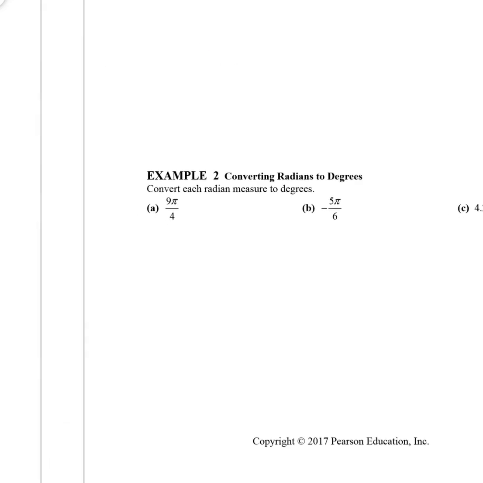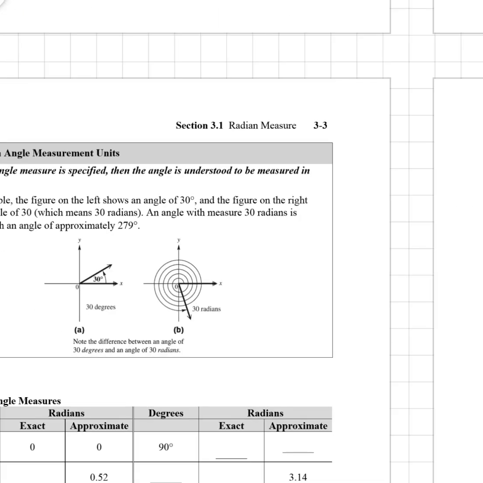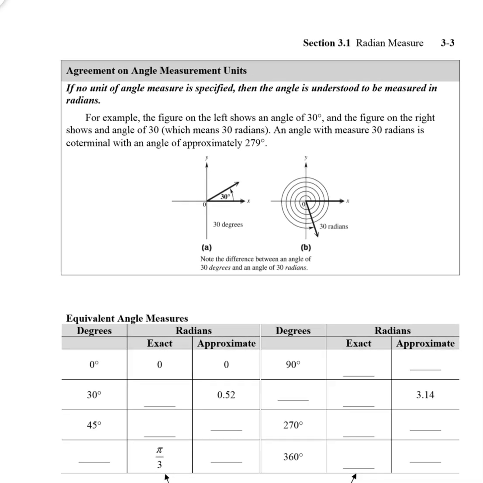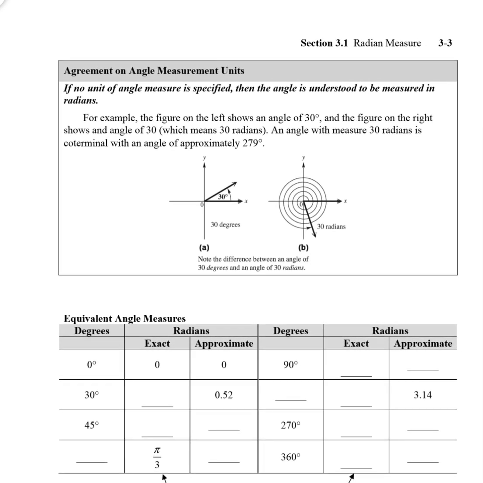Going on to 3-3. Just a reminder, when you're comparing degrees with radians, 30 degrees is a very small angle, but 30 radians is a very large angle, because remember, a radian is just a little bit less than 60 degrees, so 30 of those, you're going to be going around and around quite a few times.